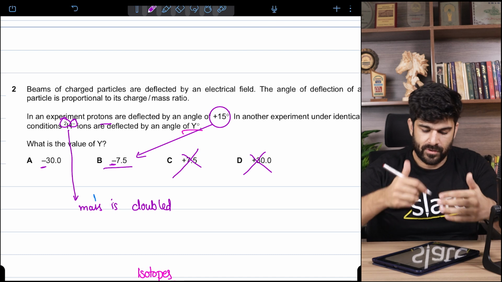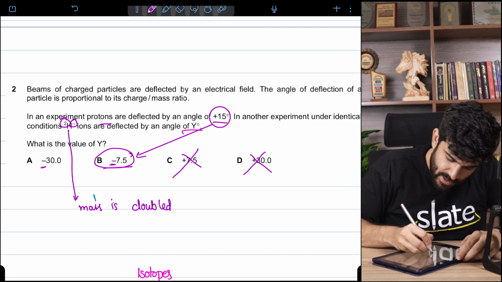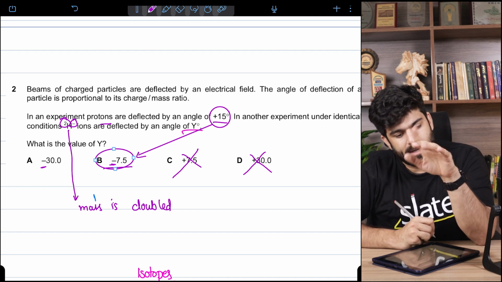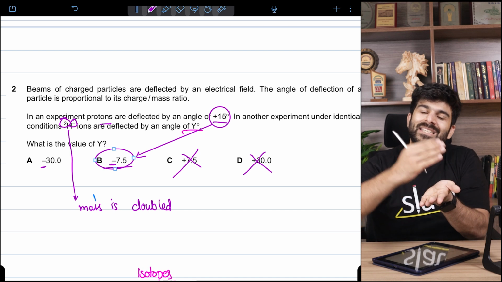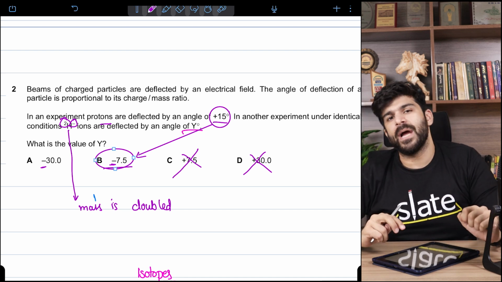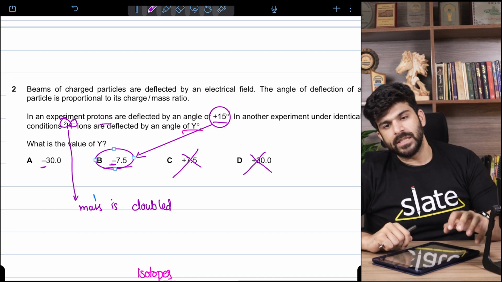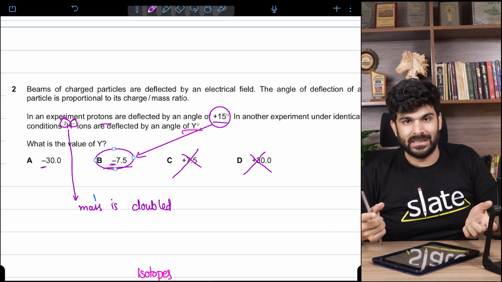So if this is 15, this must be 7.5 minus, because it's of opposite charge, and 7.5 because the mass is doubled, so the angle is halved. So that is the concept behind it. That is a very commonly asked question in the exam regarding the particles, and with this question we understand the concept clearly.